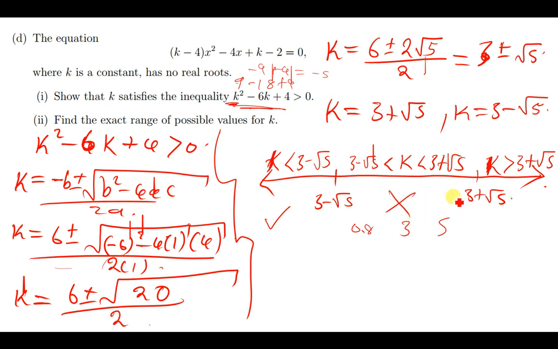So let's quickly get any number that is greater than 3 plus the root of 5, which is just about 5 point something. So we can even use 7. Let's put 7 there. When we put 7, we're going to have 7 squared, which is 49, minus 6 times 7. 6 times 7 is 42.